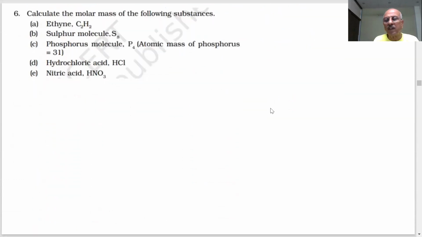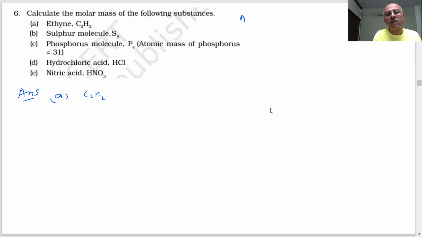Calculate the molar mass of the following substances. You have 1 minute for each question. Answer: C2H2.